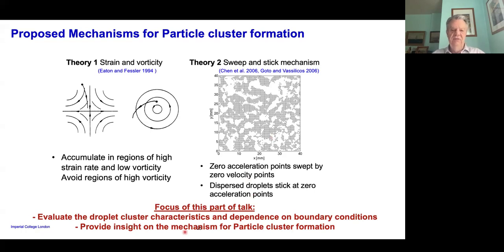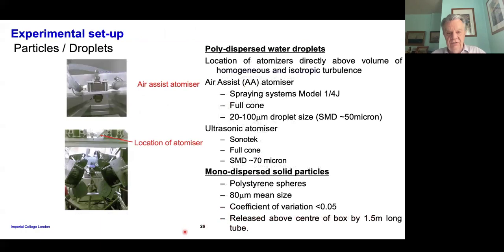In the experiment that we did, we try to understand how these droplet clusters behave while we have homogeneous isotropic turbulence and we maintain the boundary conditions the same. In order to do that, we put at the top of the box, outside this 1 meter frame, atomizers of different types from which we can release droplets.